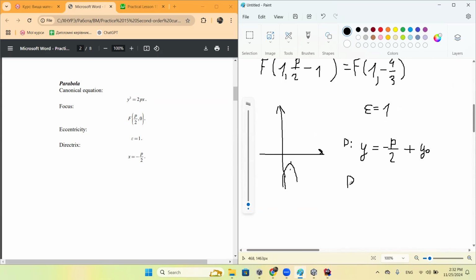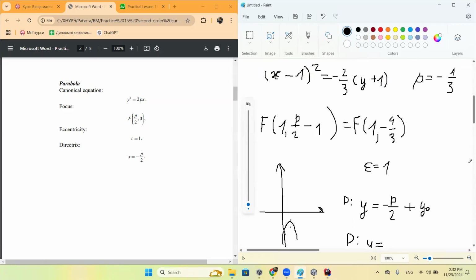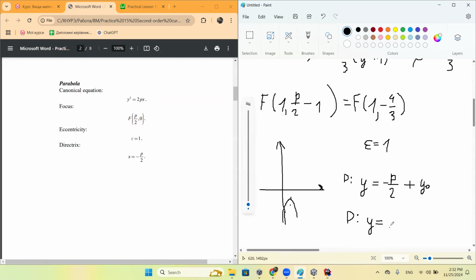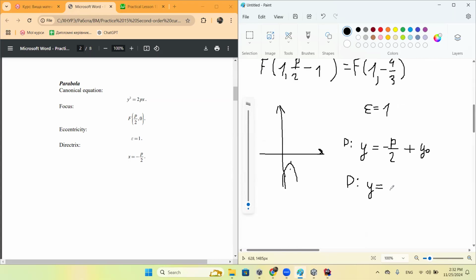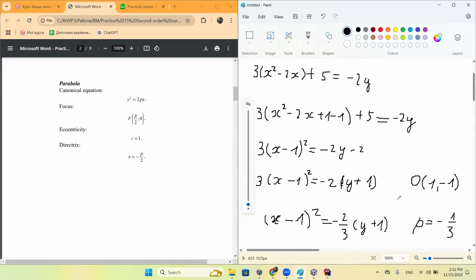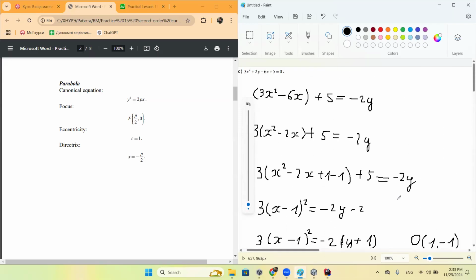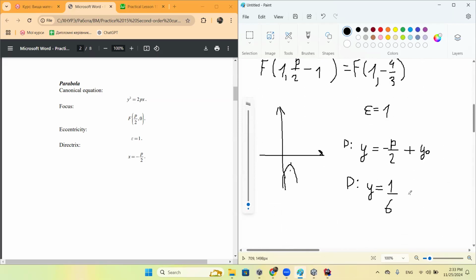So the equation of directrix is the following. So y equals minus 1 over 6, so 1 over 6, and the center minus 1.